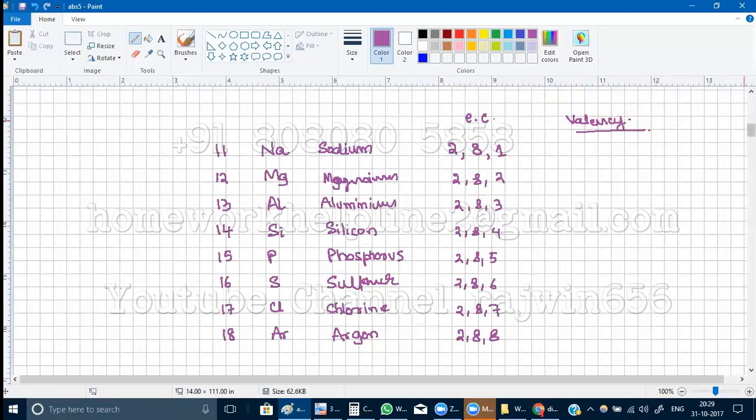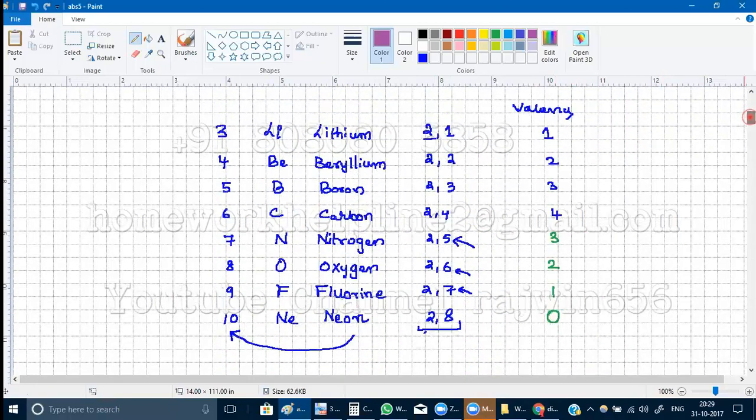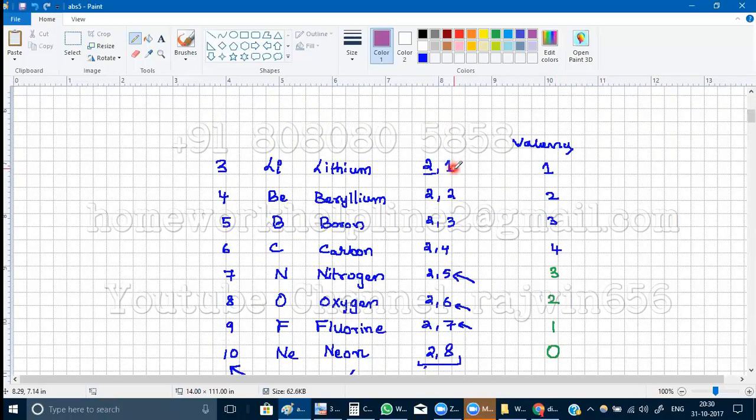Again, the valency will come in the same way as we have done over here, because here the number of electrons in the last orbit are 1, 2, 3, 4, 5, 6, 7, 8. This will get rid of 1 electron, so valency will be 1 plus, this will be 2 plus, this will be 3 plus. This will share 4, so valency is 4. This will take 3 electrons, so valency will be 3 minus, 2 minus, 1 minus.